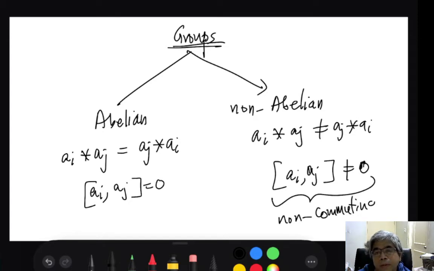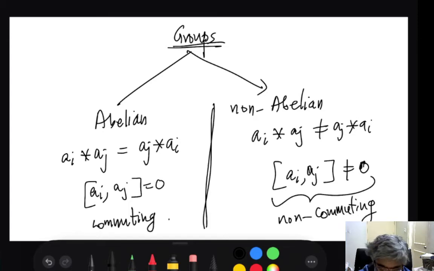So it turns out in the case of discrete groups, you cannot have non-abelian groups below a certain order. The minimum order of the group should be at least 4 to start seeing non-abelian features.